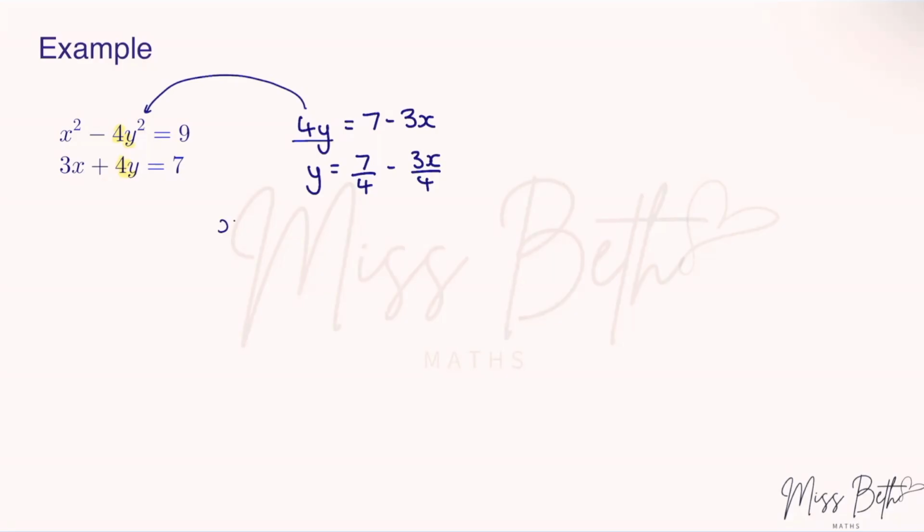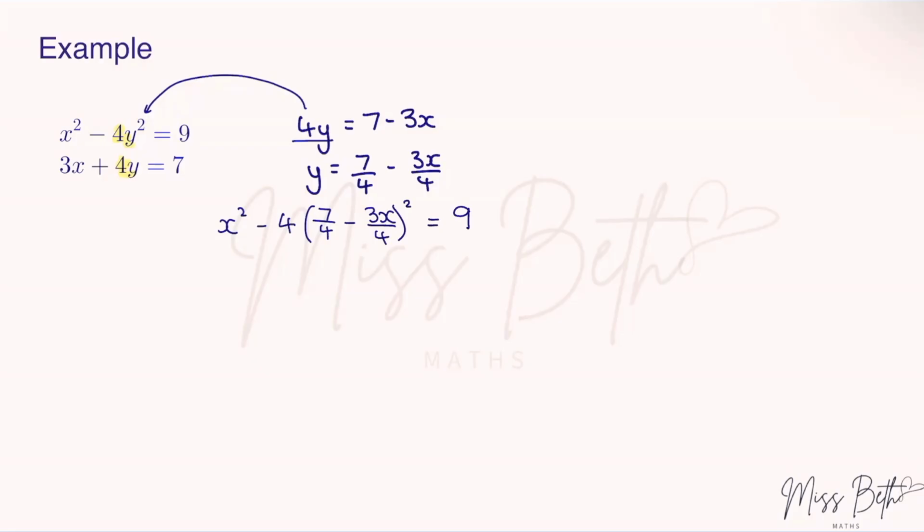So we would have x squared minus 4 lots of 7 over 4 minus 3x over 4 all squared, and that's going to be equal to 9. Okay, so this does get quite complex, especially with the fractions. So just be really, really careful when you are multiplying out, expanding and simplifying, okay?